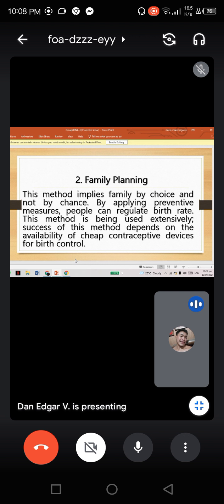So, family planning allows people to attain their desired number of children, if any, and to determine the spacing of their pregnancies. It is achieved through use of contraceptive methods and treatment of infertility.